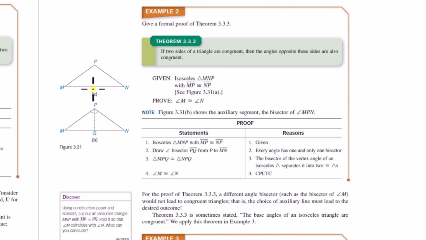So let's say that MP and PN are the legs. So they're congruent. So what we're given is that this is isosceles by definition, and we've chosen the legs. That's all we're given. And now with that, we want to prove that the angles opposite these sides, which we know are the base angles, are congruent.